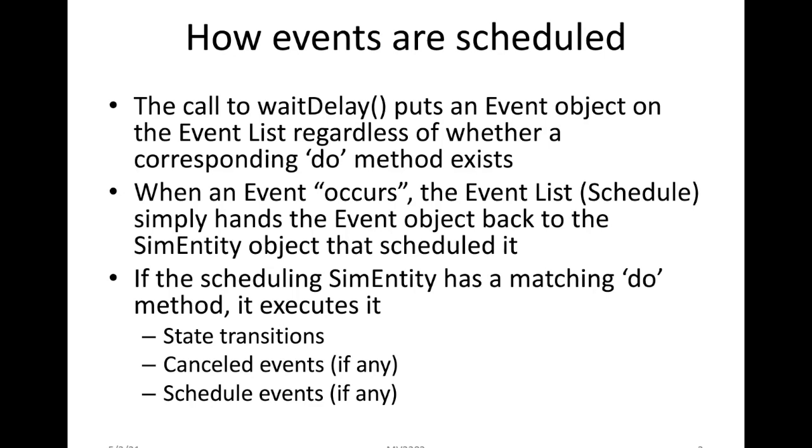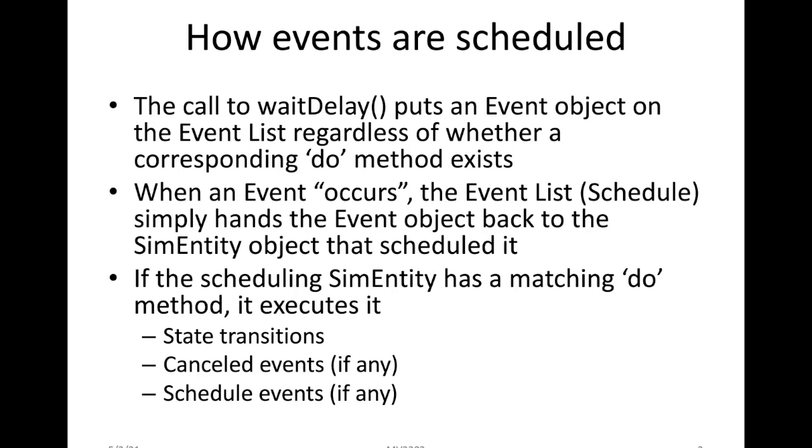So what SIM entity base does, it says, do I have a method that starts with do that matches the event name and has an argument list that matches this parameter list? And if it does, it executes it. If it doesn't, then it doesn't execute it.